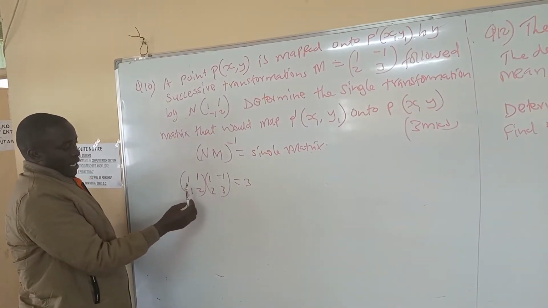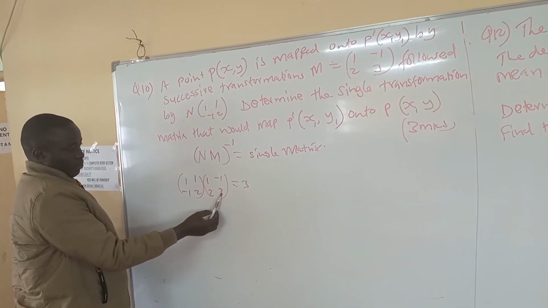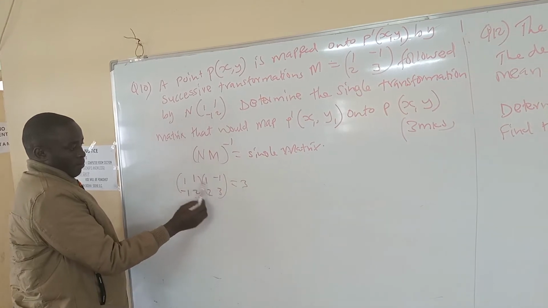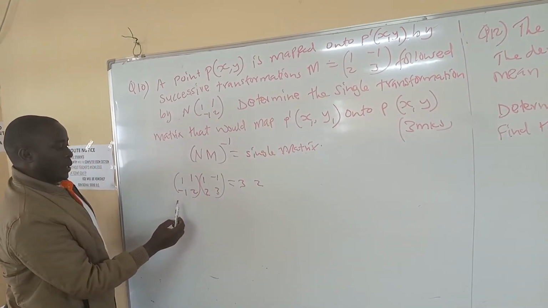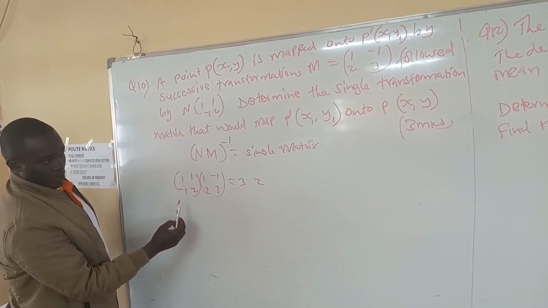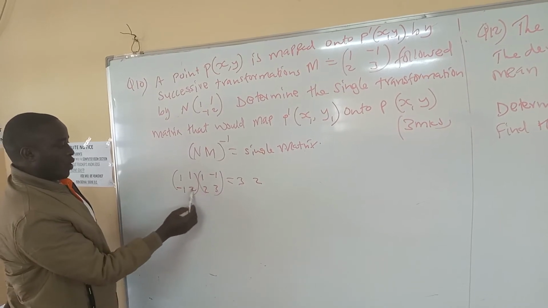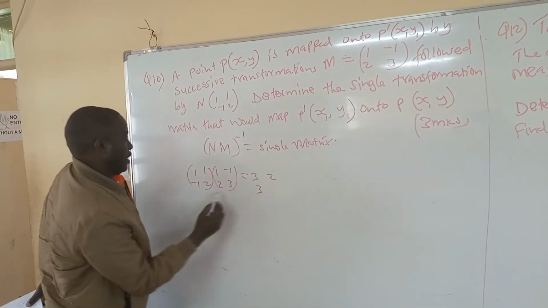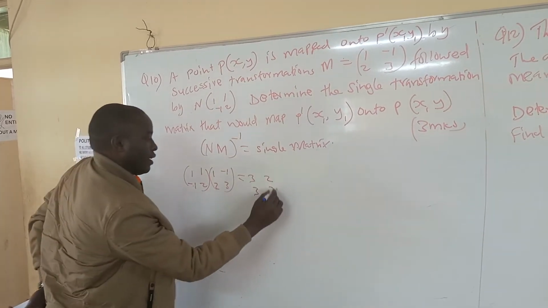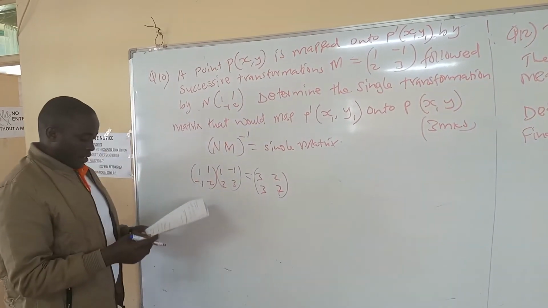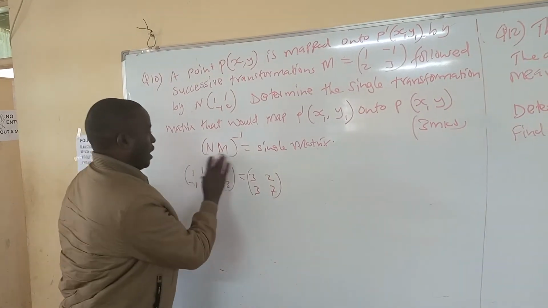Then the other side, negative 1 plus 3, it is 2. Then the lower row, negative 1 plus 4, it is 3. And then 1 plus 6 is 7. So the single matrix NM is (3, 2, 3, 7).